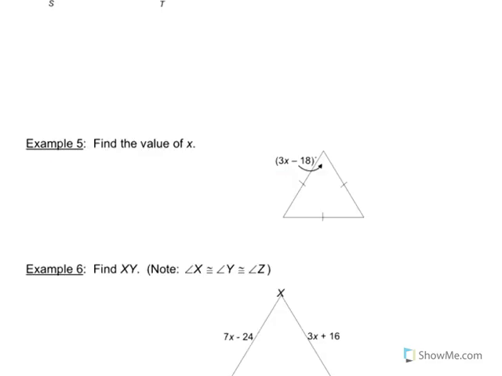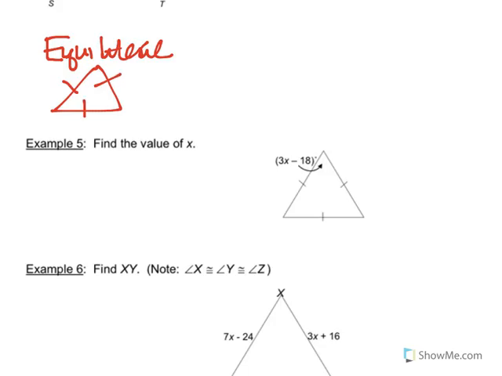Before we do these last two examples, you need to know one quick thing. You already know this, but we need to make sure we have our justification in order. When we talk about equilateral triangles, if you have a triangle that has all three sides congruent, then your angles are all going to be congruent as well.